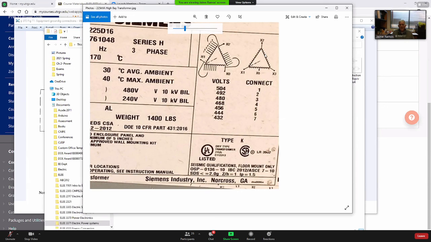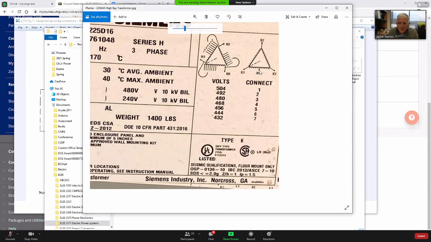Now, the second case is this, look, the secondary is delta, okay? And then the middle of one of the legs of the transformer has a connection, which is called X0, and this can be grounded.